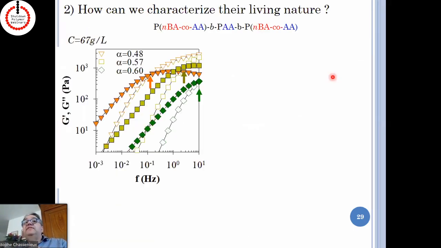The nice thing is that these relaxation times depend on the ionization degree of acrylic acid inside the polymer. Here you can see that if I increase the ionization degree, I have a shift of the crossover frequency towards higher values, which means a decrease of the relaxation time.